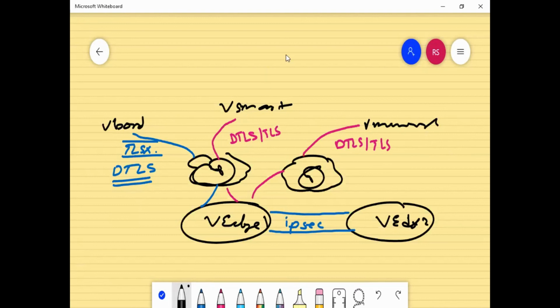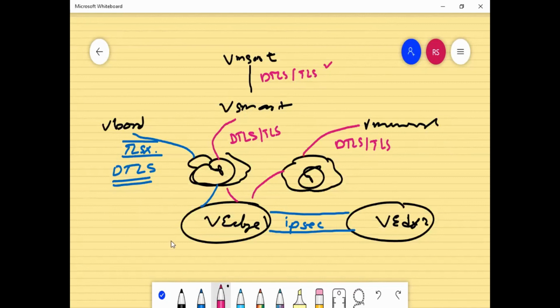Now you have one more, maybe a vSmart. What is the tunnel between these two? It can again be DTLS or TLS. That is perfectly fine. So that is how your tunneling will be configured in your SD-WAN topology.